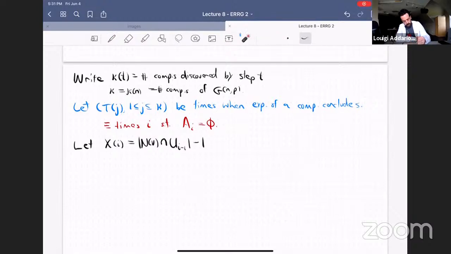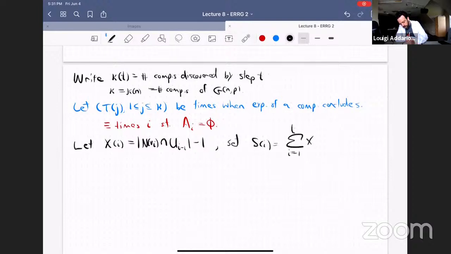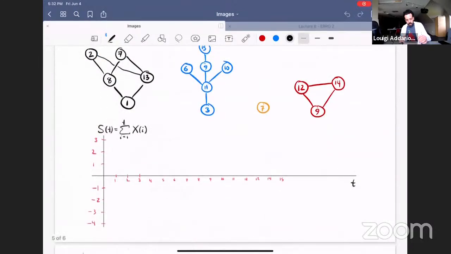So that's the number of neighbors of vt in Ut minus 1, and we take away 1 because we explore vt, and then we set St to be the sum for i from 1 to t of xi. Okay, let's plot that for the example that we just had here.